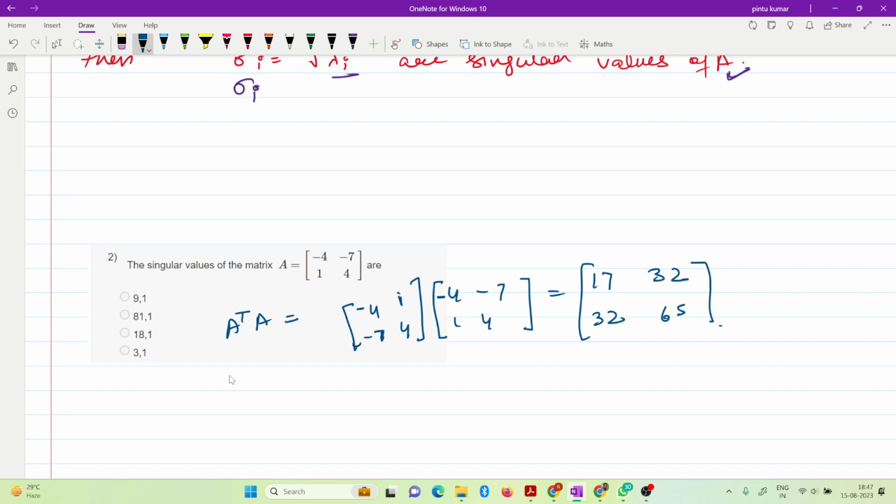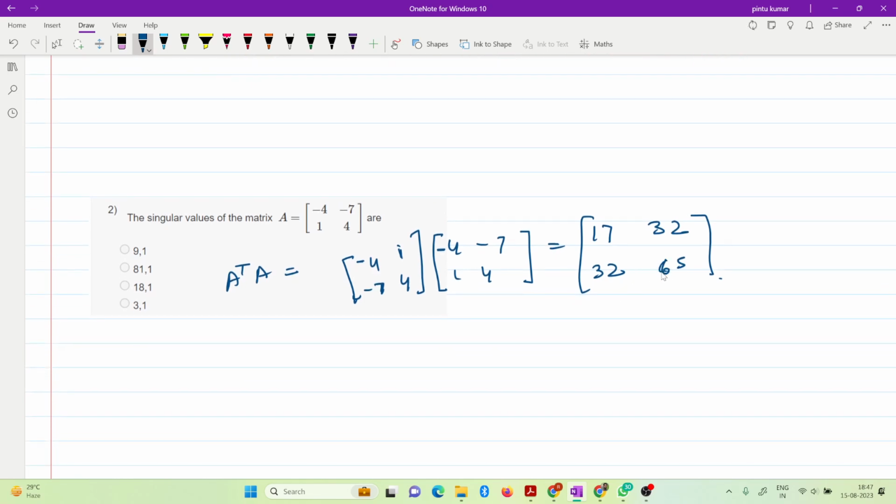Now what we need to do is find the eigenvalues for this. This has some calculation, so why don't you try first and then I'll try to solve this. I can give you 2 to 3 minutes and you can let me know what eigenvalues you obtain. You can just do A minus lambda I determinant is 0.